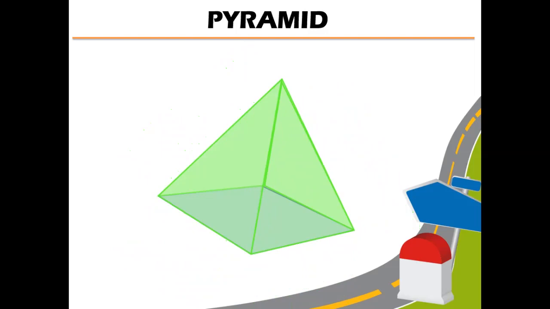Okay, so to find out its total surface area, I will calculate the area of each face, then I will add all of them together. If I have some congruent figures, like here, yes, I have 1, 2, 3, 4 triangles.